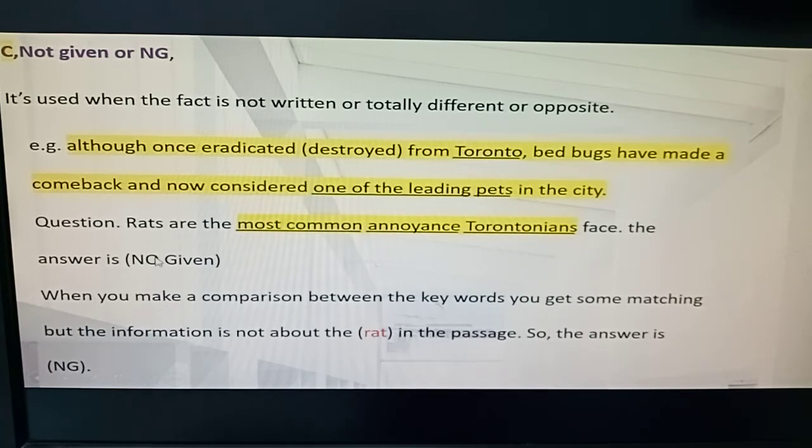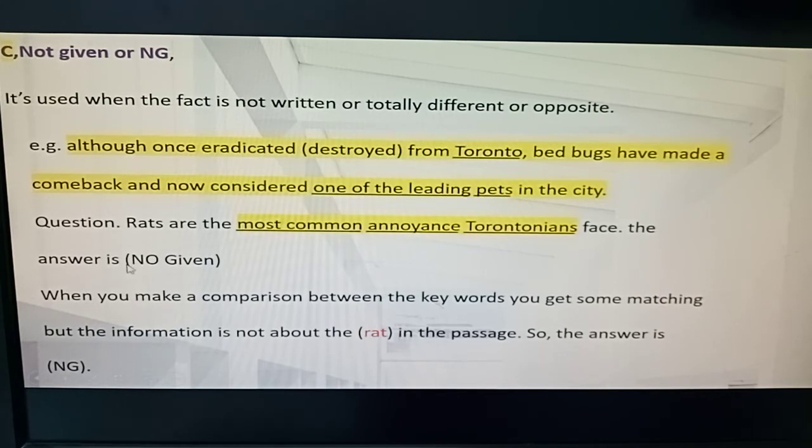Why? Because the creature mentioned in the passage was the bedbug, and in the second one it was a rat. So here the information is totally different. The first one was talking about something and the second one was talking about something else.